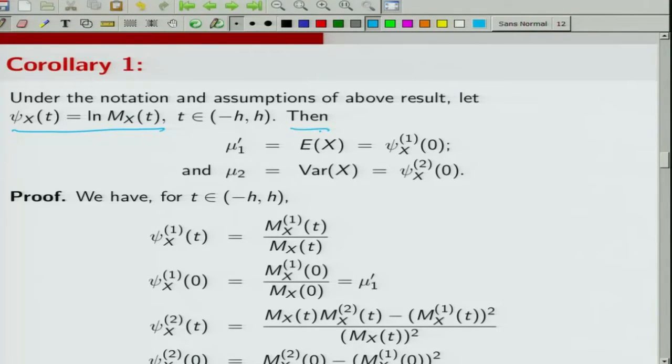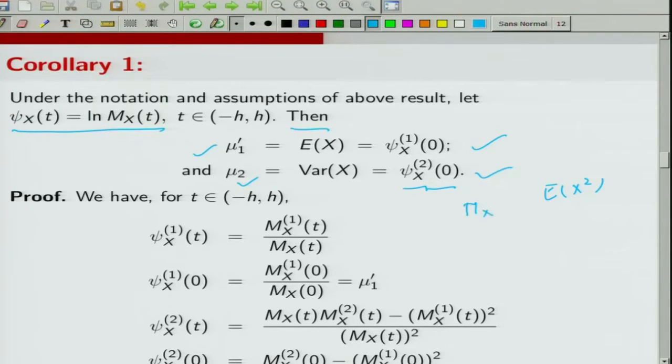Then you can differentiate psi_X once and put t equal to 0. The quantity which you will get is nothing but mu_1 prime. You can differentiate psi_X twice and put t equal to 0, the quantity which you get is mu_2. Note that if you differentiate the moment generating function twice and put t equal to 0, you get the second moment, which is the expected value of X square.